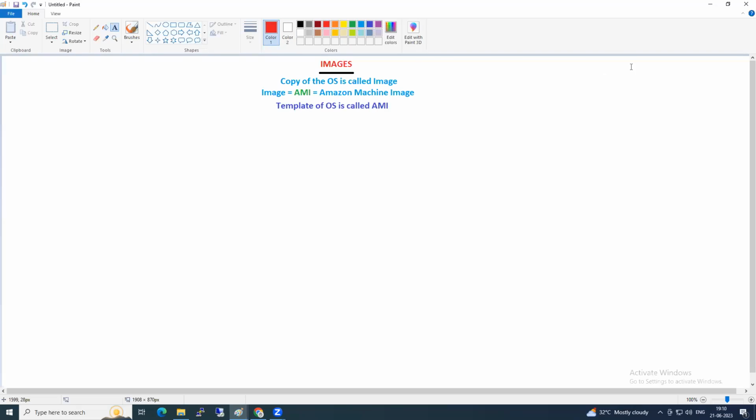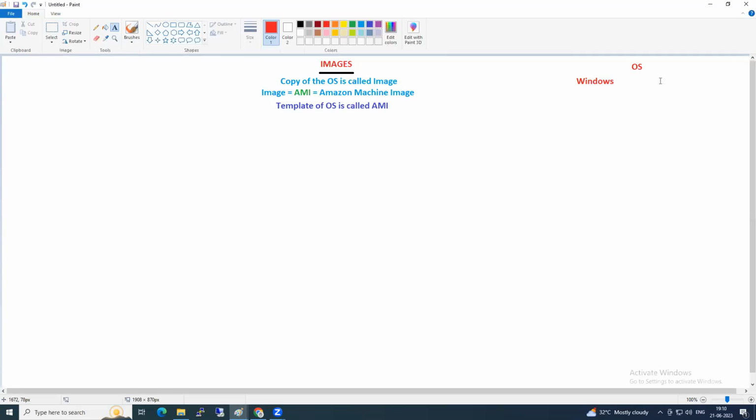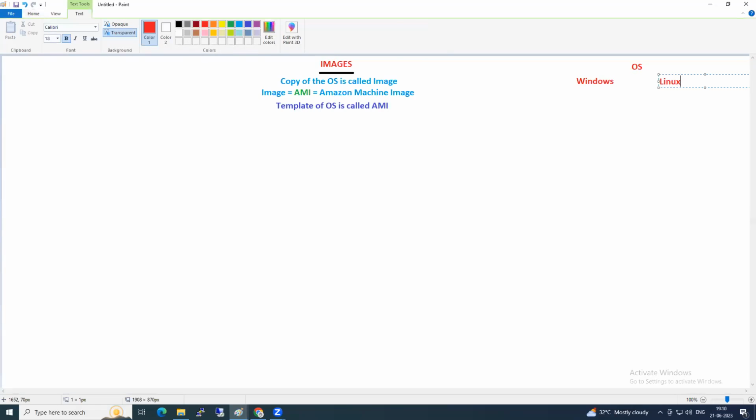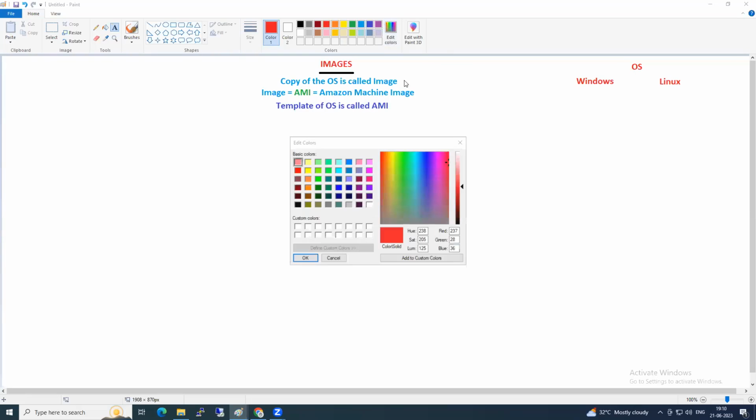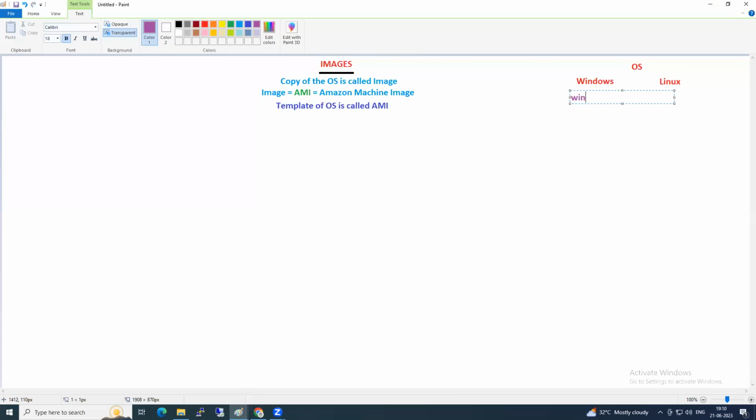So do you all agree that AWS is providing some predefined AMIs for us? Yes. It provides Windows and Linux. For Windows, it provides Windows Server 2022, 2023, 2021, and so on.